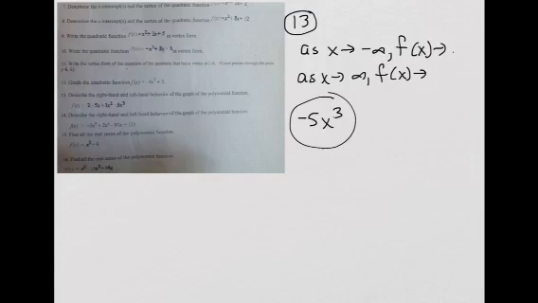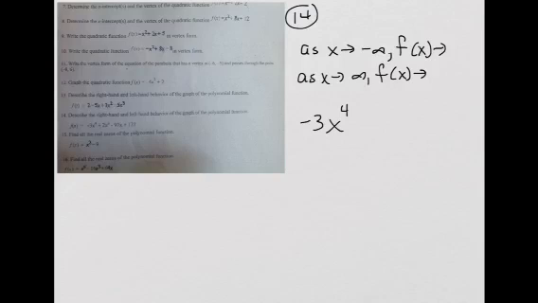So if the power is odd, then the ends are going to go in opposite directions. When it's negative, the right goes down and the left goes up. So as x gets smaller, that's on the left side, then y gets bigger. And as x gets bigger, that's the right side, right here, this gets smaller. And that's it.